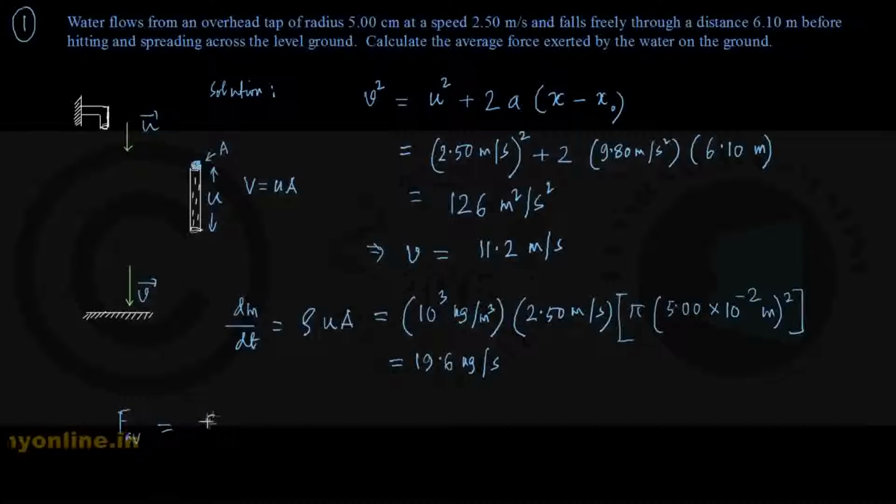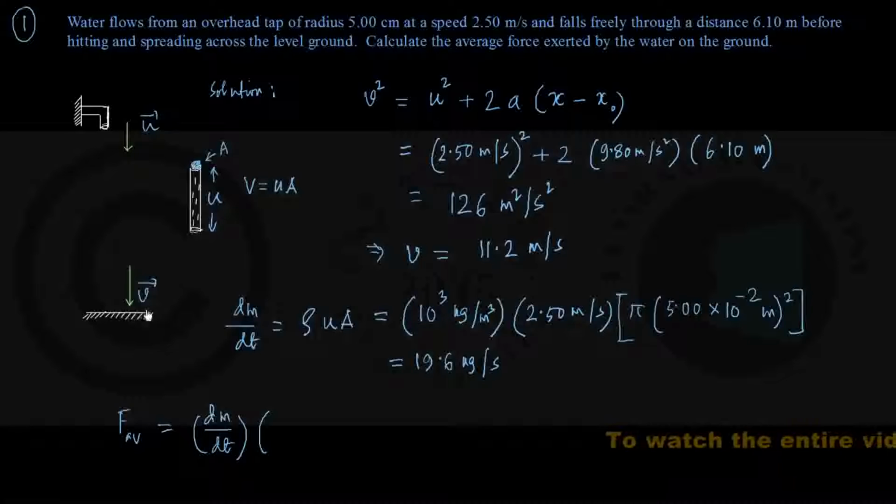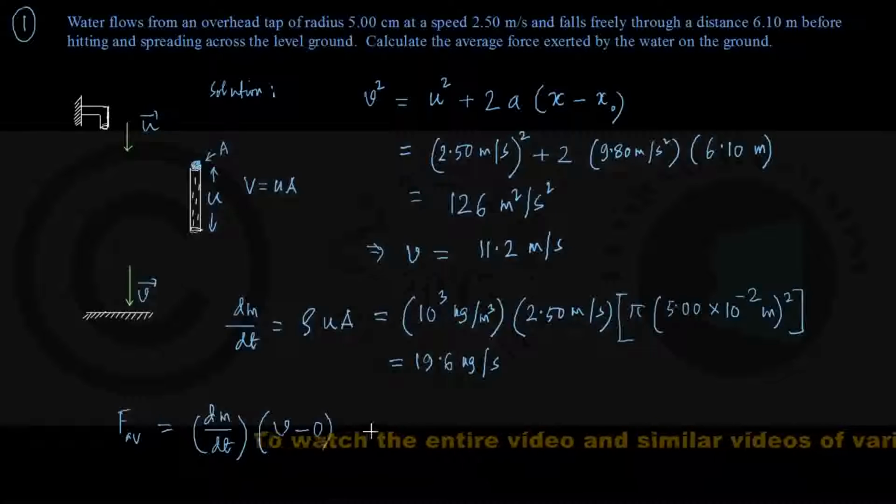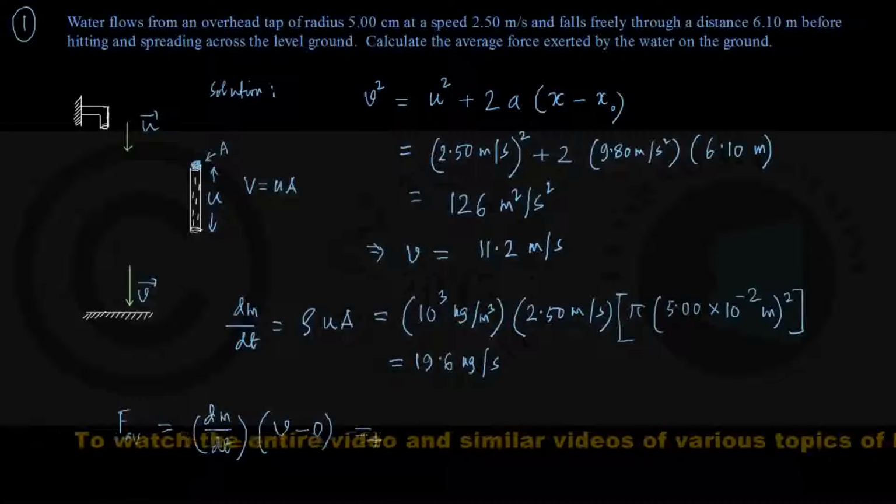This is given by the mass of water hitting the ground per second, dm/dt, into the speed change. I have said that the initial velocity was v, and the moment it hits the ground, the velocity becomes 0. So numerically, the velocity change is v minus 0, and this quantity is nothing but the average force applied by water onto the ground.